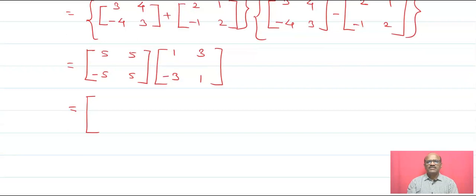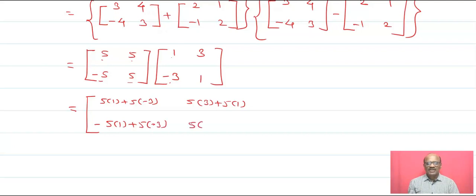Now their product, the order is 2 by 2, and again it is a very normal multiplication. It is repeating many times, and we are repeating here: first row first column, first row second column, up till second row first column, now second row and second column.